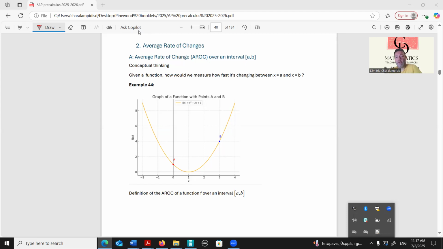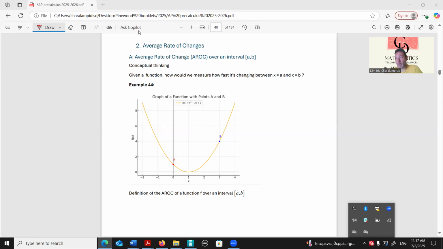Given a function, how could we measure how fast the values of this function are changing between 2 points a and b? That is exactly what the average rate of change does.